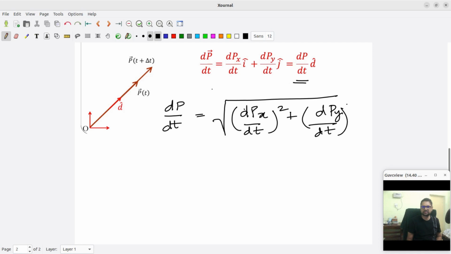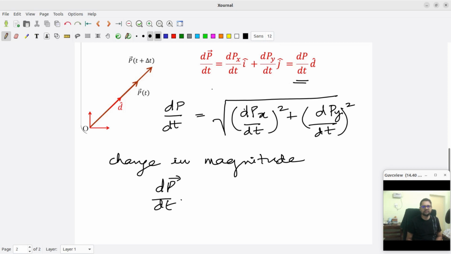Now this is your dP by dt, and your direction vector is same as that of P. So when there is only change in magnitude, your dP by dt is simply dP by dt times d cap.